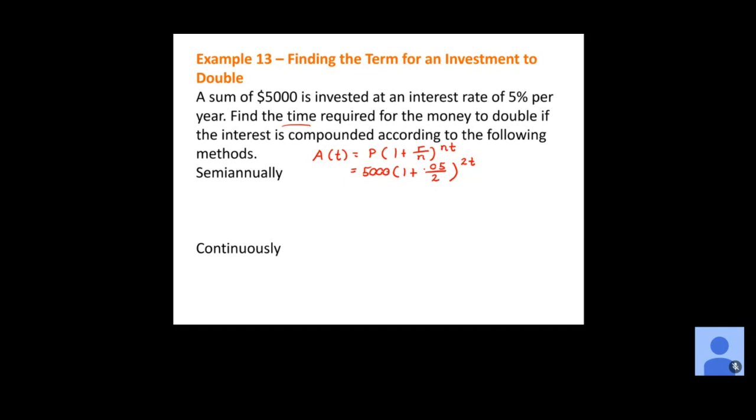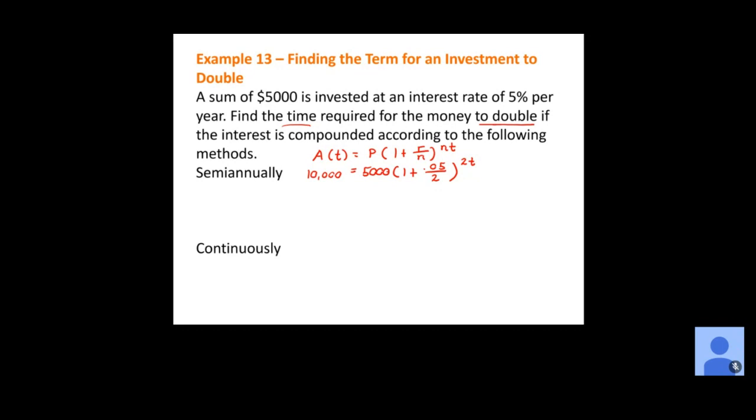Right. We need the amount on the other side, but we know that we want to double our investment. So if we start with 5,000, we're going to need to end up with 10,000. So I can put 10,000 on the left-hand side now. Okay, so even though they don't give us a specific amount, since we want to double our investment, we can just take the 5,000, double it, and that gives us how much we want to end up with.